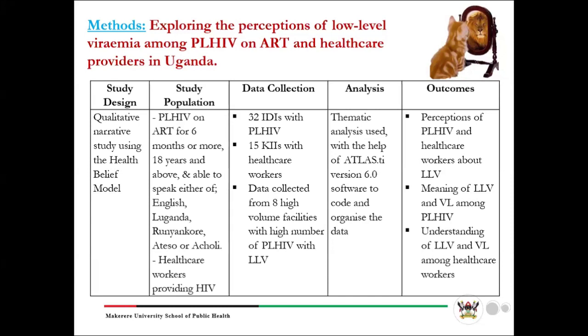And we used thematic analysis with the help of Atlas.ti to analyze the data. And the main outcomes were basically perceptions of people living with HIV and healthcare workers about viremia, and then the meaning of viremia and viral load among people living with HIV, and the meaning of these among healthcare workers.